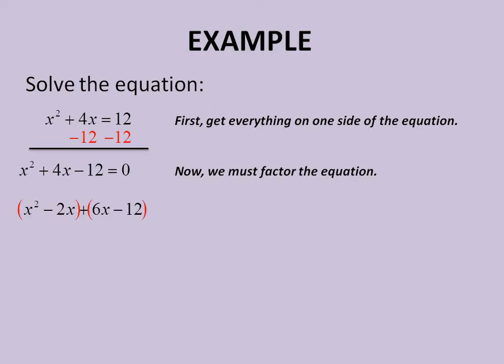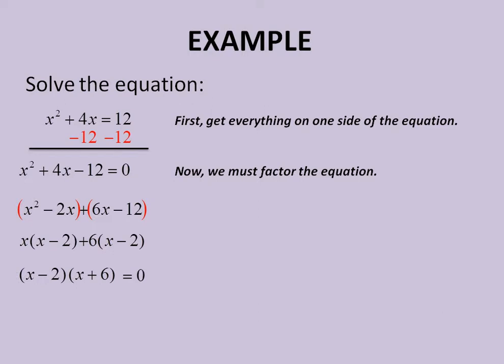Out of the first group, we can take an x, and that would leave us with x times x minus 2. Out of the second group, we can take a 6, which would leave us with 6 times x minus 2. And of course, now we can see that that's going to factor into x minus 2 times x plus 6. And it's still equal to 0 like we had.